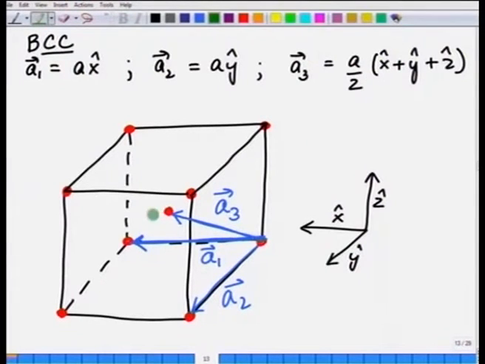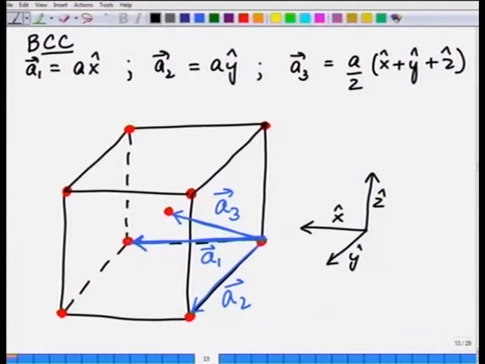So, if I choose the vectors like this, whatever these 3 vectors generate will be a volume which will not look like a cube. Since the lattice points will be only at the corners, it will become a primitive unit cell, defined by A1, A2 and A3.